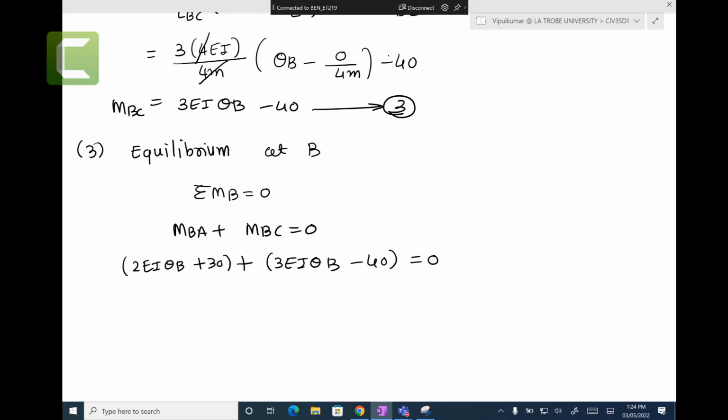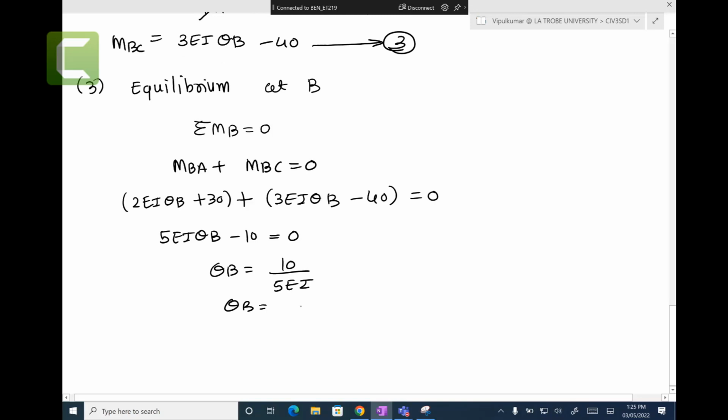Then 5EI theta B minus 10 equals 0. So theta B equals 10 on 5EI. So theta B is equal to 2 on EI.